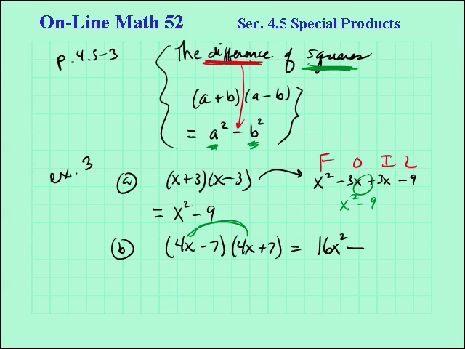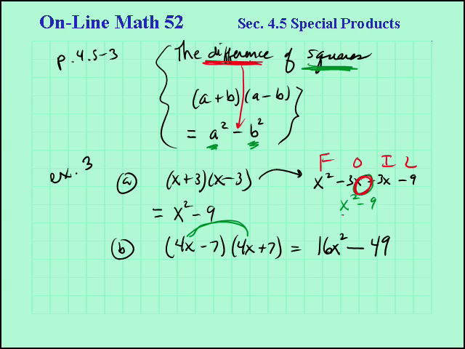And then the middle terms become 0. Well, in this case, it's a positive 28x and a negative 28x, but we don't want to go there. Negative 7 times positive 7 is negative 49. So this becomes 16x squared minus 49 in one step.